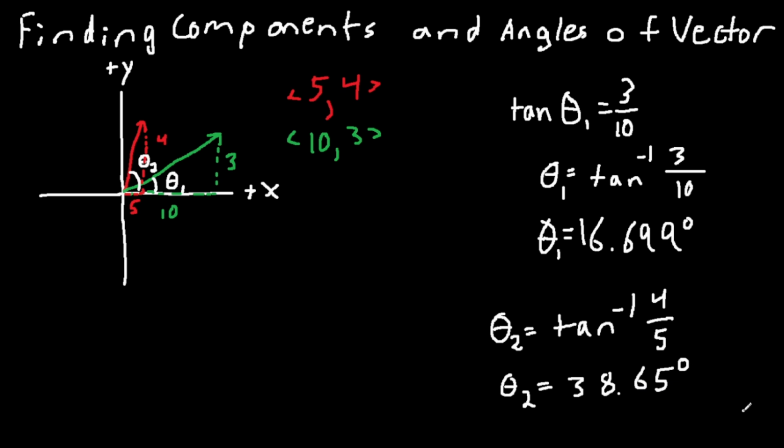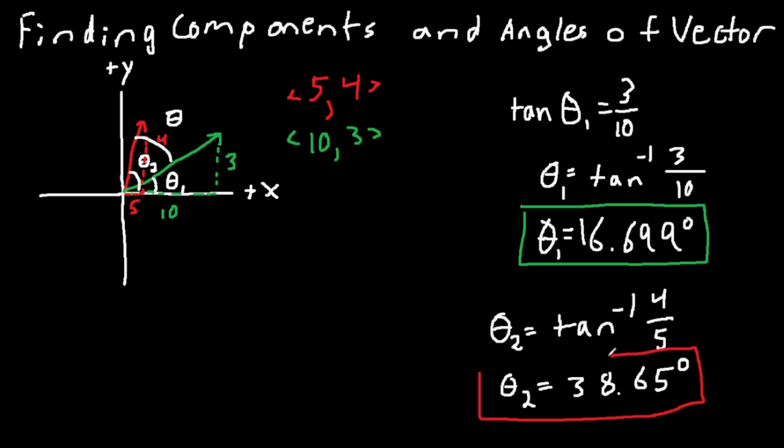So how do you find the angle in between the red vector and the green vector? Well, let's call the angle between the red vector and green vector regular theta. Now that we have the two angles that these two make with the positive x-axis, we can solve for regular theta by subtracting theta of 1 from theta of 2.